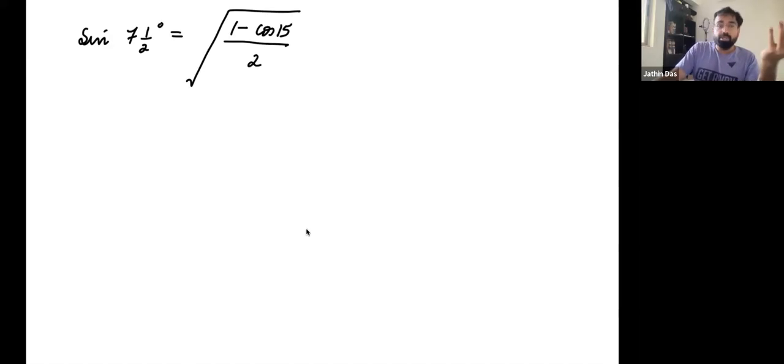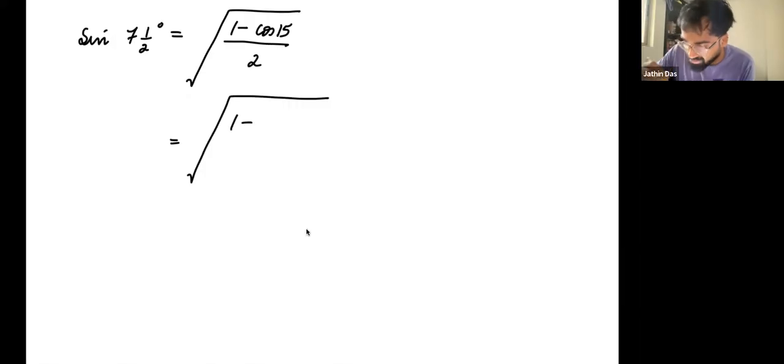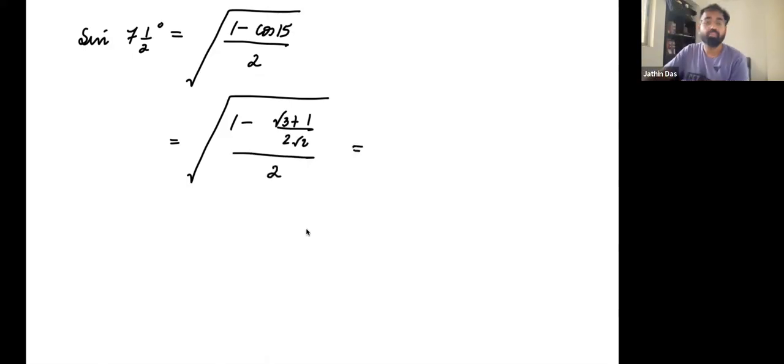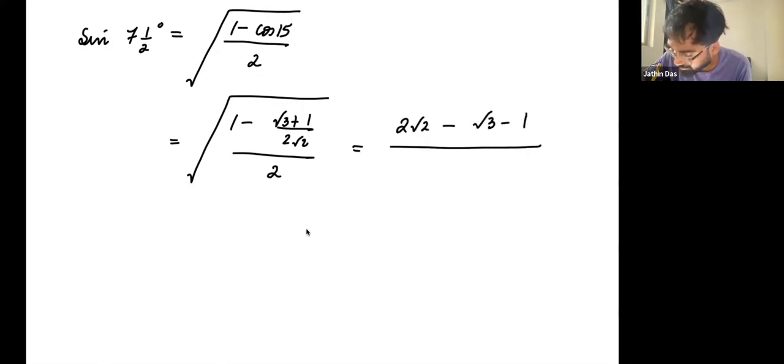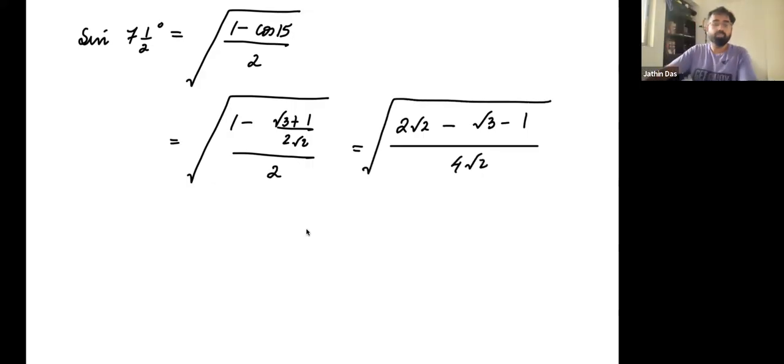Sometimes it can come in some other format, so just making you aware that there are things like this. So 1 minus root 3 plus 1 by 2 root 2, by 2. So it becomes root of 2 root 2 minus root 3 minus 1 by 4 root 2. Got it?